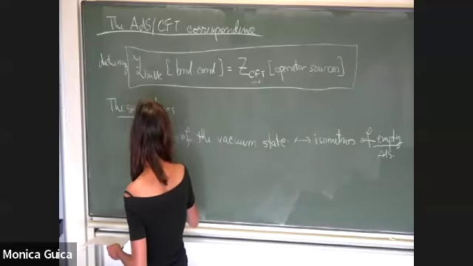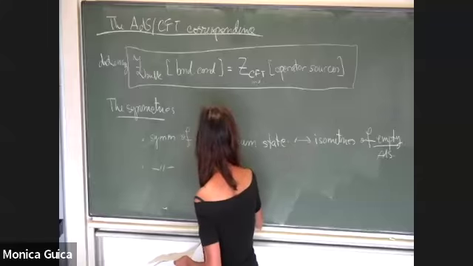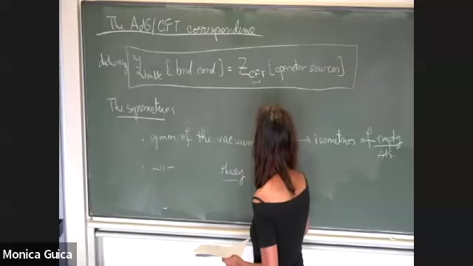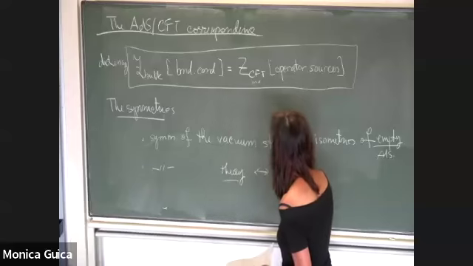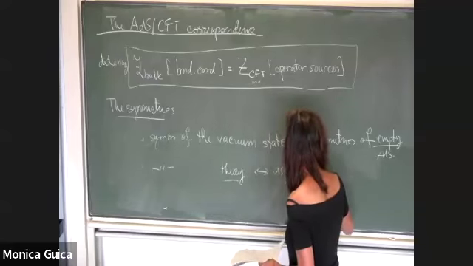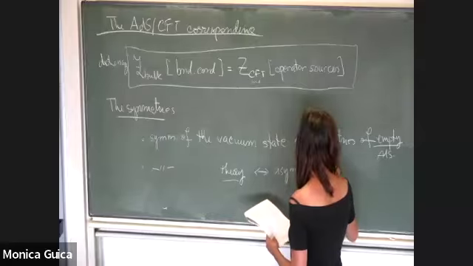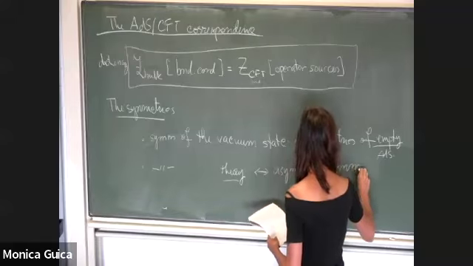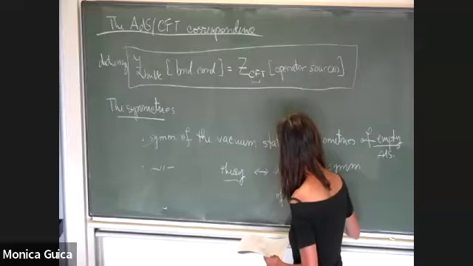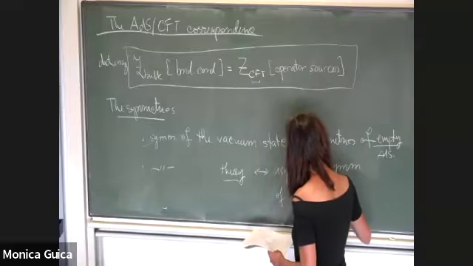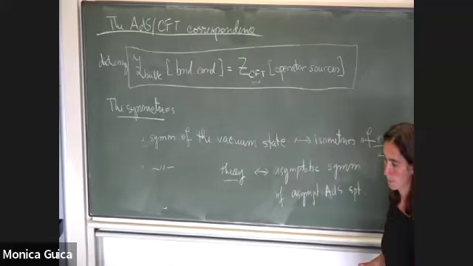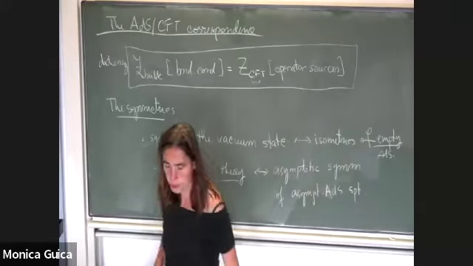If one tries to match the symmetries of the theory, then this actually maps to what's called asymptotic symmetries, symmetries of asymptotically AdS spacetimes. Okay, so you see the distinction.